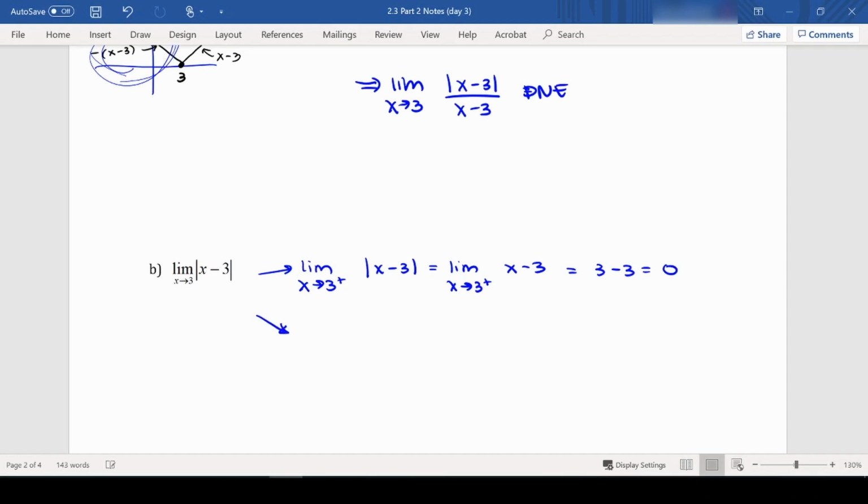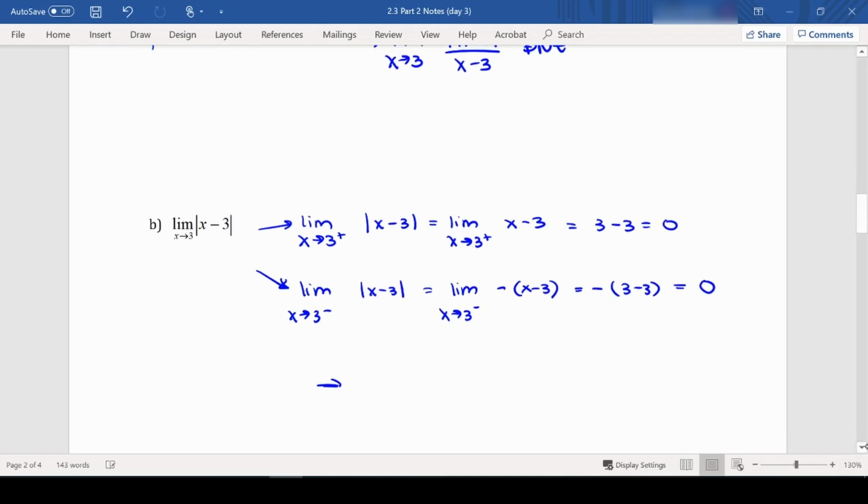If I was approaching from the left, I would have the limit as x approaches 3 from the left of negative x minus 3, which would give me negative 3 minus 3 or negative 0, which is still 0. So therefore, the limit as x approaches 3 of the absolute value with no denominator would just be 0.